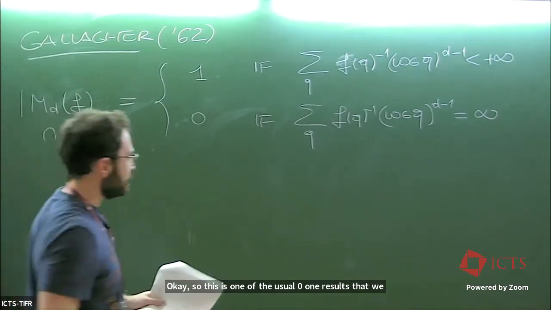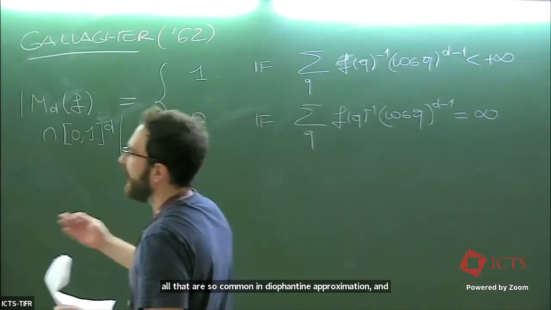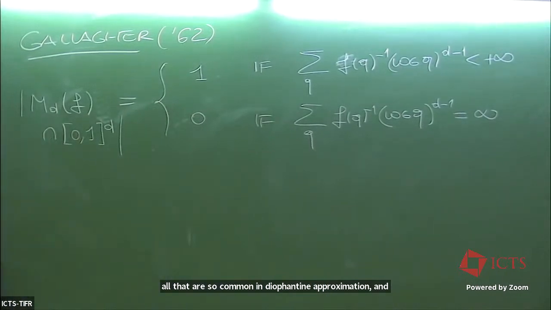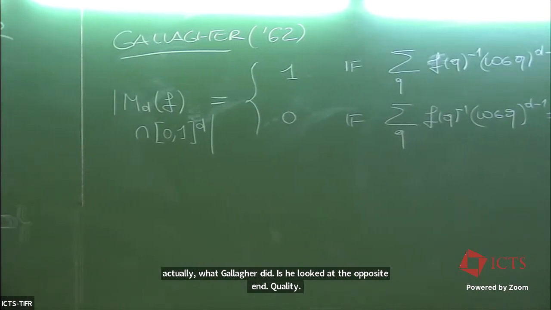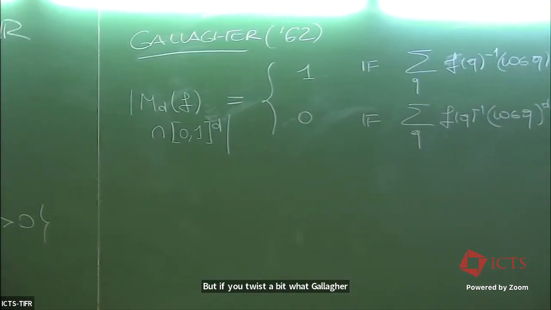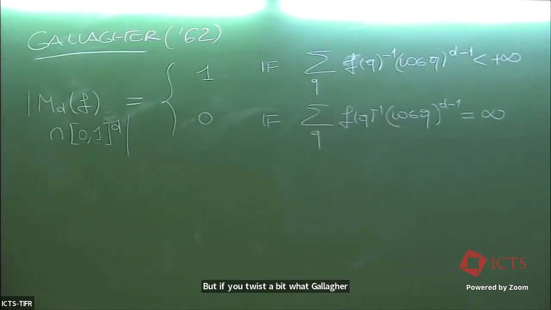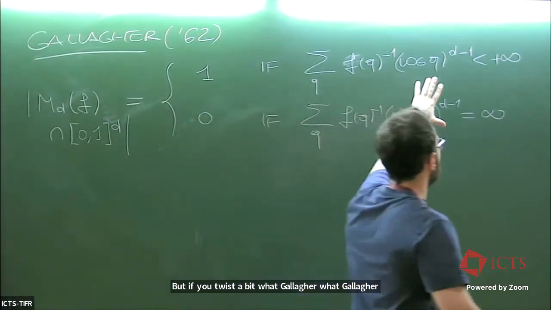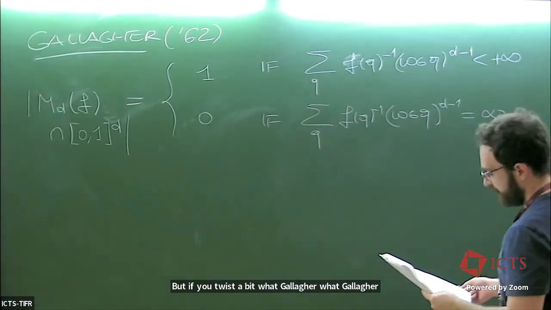Actually, what Gallagher did is he looked at the opposite inequality. But if you twist a bit what Gallagher proved, you essentially find something like this.